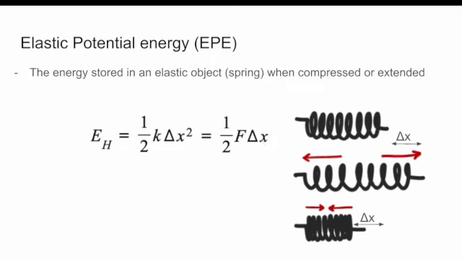We know that the magnitude of the force is k times x because the direction of the force doesn't really matter for energy. Energy is a scalar quantity, so that's why the negative is not important. So we can just rewrite this as a half times kx times delta x, and this gives us a half times force times delta x by Hooke's law. This second formula is not given in the data booklet, so it is suggested that you know how to derive it or you memorize it.